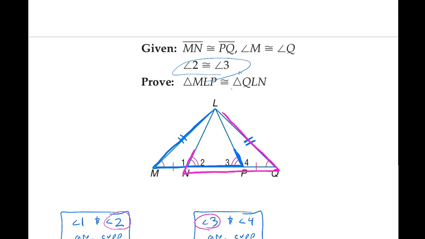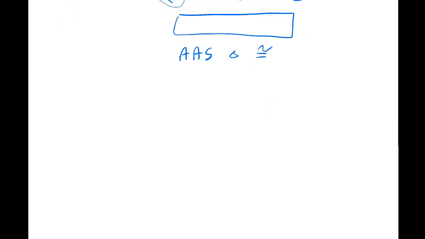Let's double check: we start with the 1 angle, go across the 2 dash, and then go to the 2 angle last, so that's MLP and QLN. So that is right, MLP is congruent to QLN. Oh man, what a cool proof.